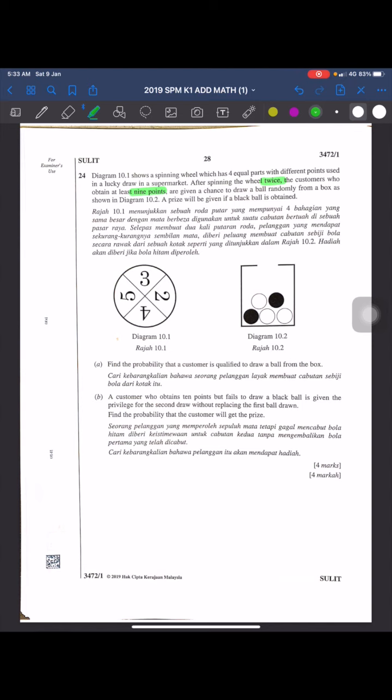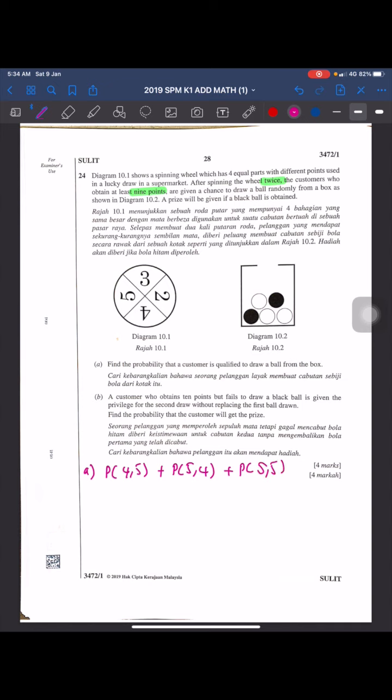So in order to qualify to draw a ball from the box, we know that customer tu dia mesti dapat at least 9 points, kan? Untuk mendapatkan 9, apa kombinasi dia? Mungkin dia akan dapat 4, 5 ataupun 5, 4 ataupun berapa? 5, 5, kan?